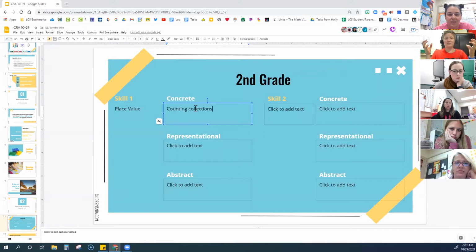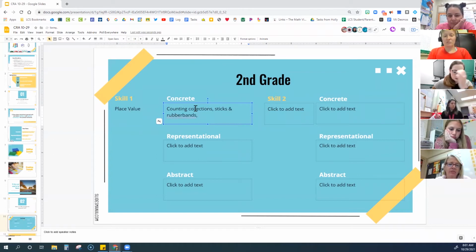They're materials that you have to actually group into tens, like sticks and rubber bands, because you can take 10 popsicle sticks and actually group them together. And then we work into pre-grouped models like base 10 blocks. There might be more, but we'll stop there.